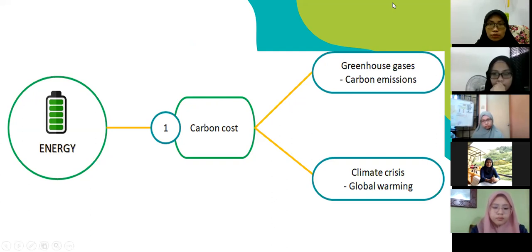This will contribute to greenhouse gases and the climate crisis. Carbon emissions like carbon dioxide and carbon monoxide are greenhouse gases in the atmosphere that trap and reflect heat and radiation back to the surface of the planet, and that will contribute to global warming.